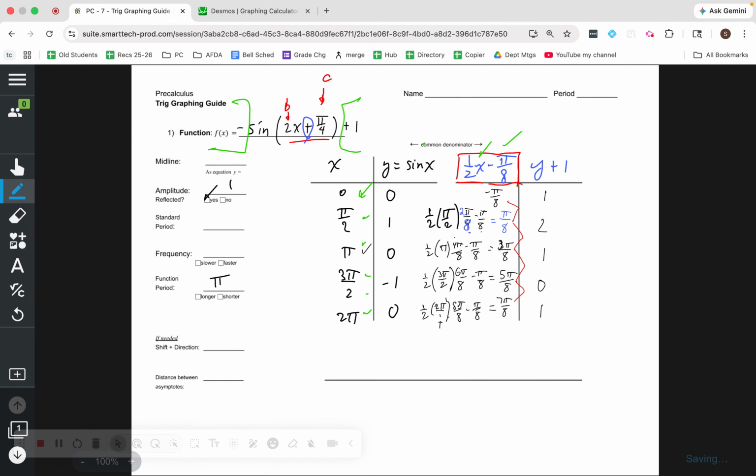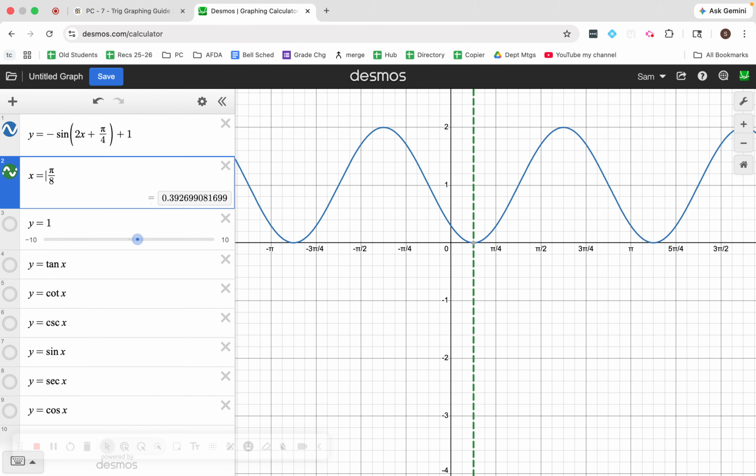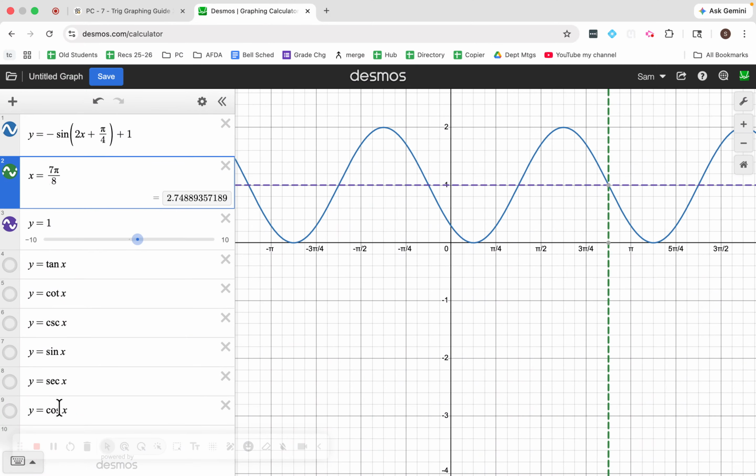The amplitude is 1, but it's reflected. And therefore, we're going to see when we start at negative pi over 8 that the graph goes down from the midline instead of up. And then it's the midline again. And then we're going to end up between 3/4 and 4/4, or 6/4 and 8/4 is 7/4. So that's the beginning of the period, and this is the end of the period. And the midline goes right through the middle there.